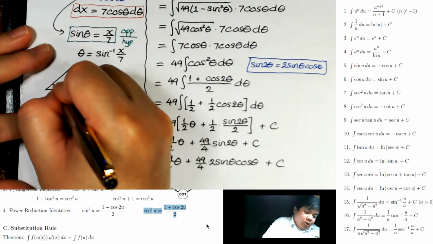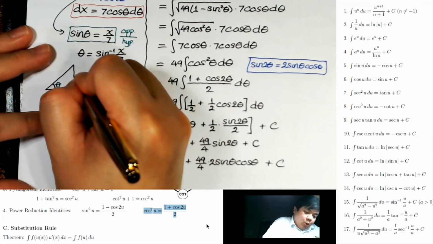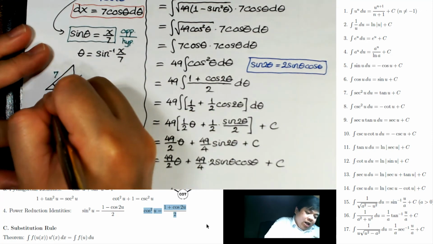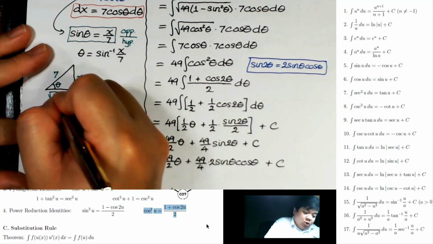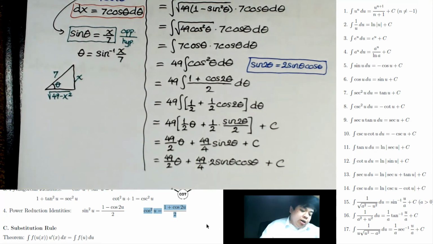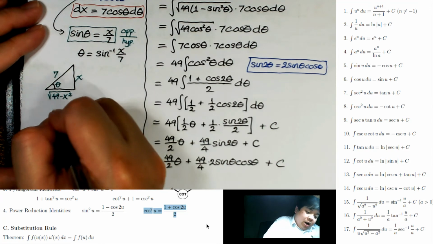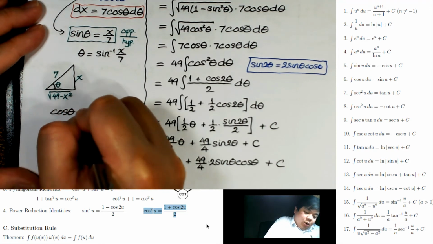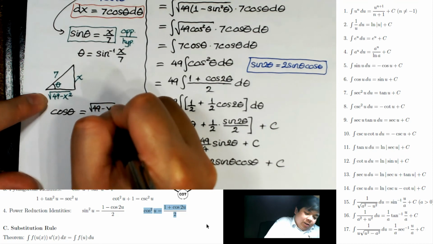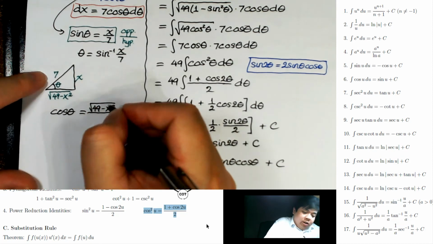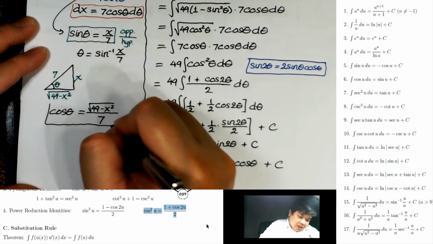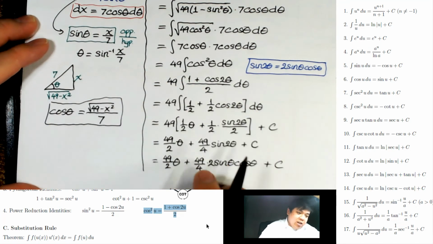So with respect to this angle, opposite is going to be x, hypotenuse is 7, and the adjacent side in that case will be the square root of 7 squared minus x squared. After that, cosine is equal to adjacent over hypotenuse. So we have cosine theta equal to that.